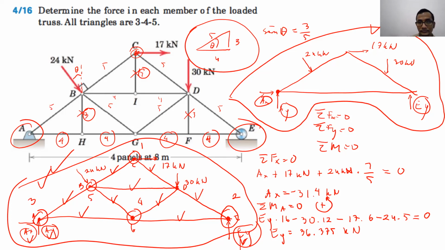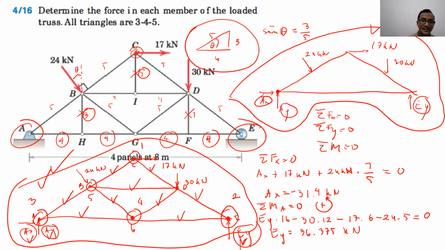Okay. From this, anyone want to ask a question? Remember, at each joint when we try to solve for the internal force of the members, we can only solve for 2 unknowns.